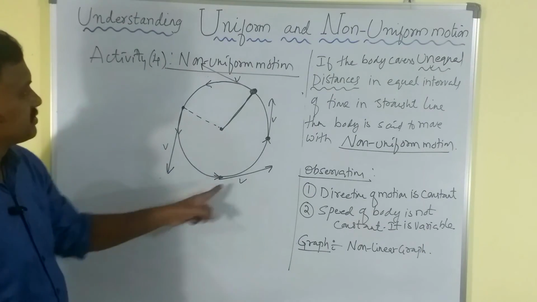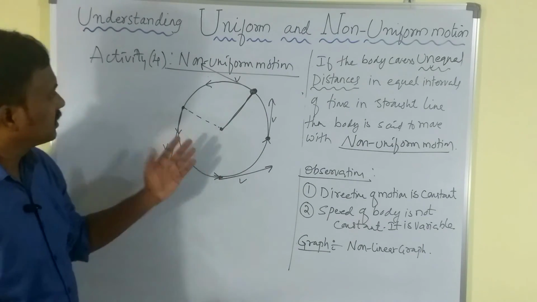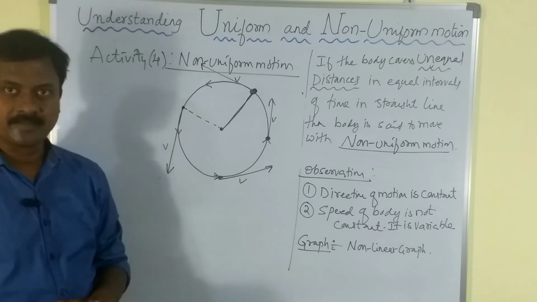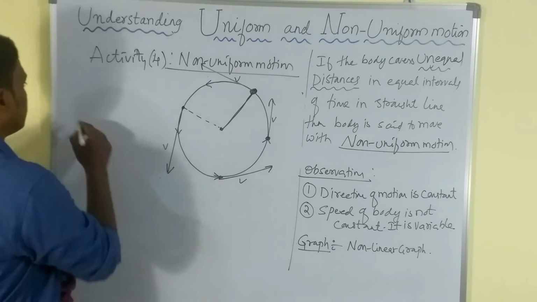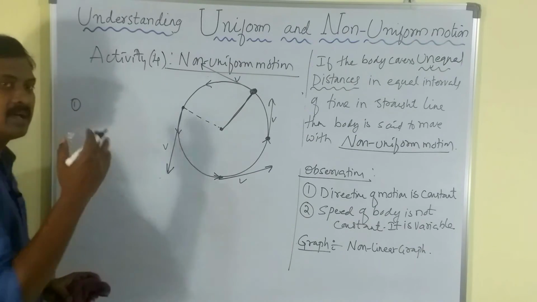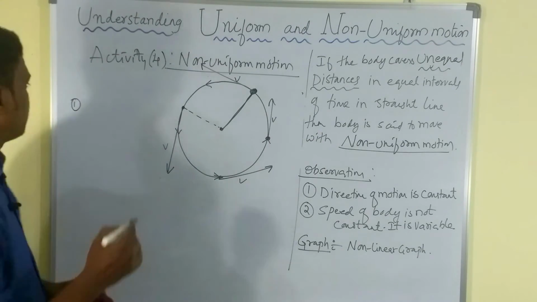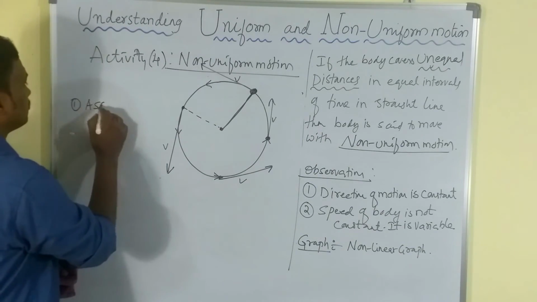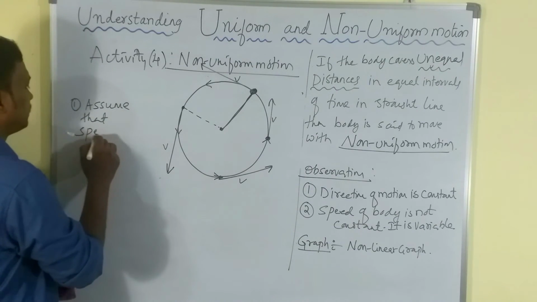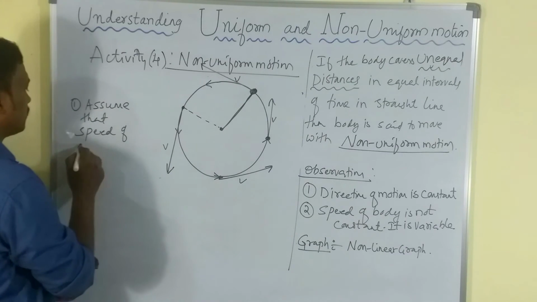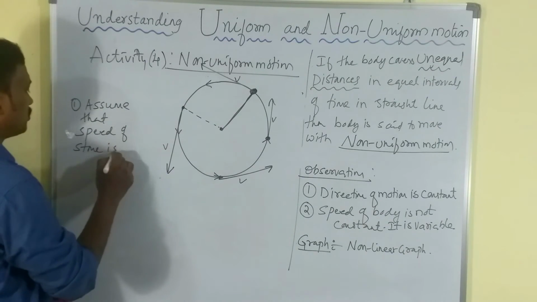So the direction of velocity, very clearly you can see here, is changing, right? And one thing we have to assume is that you rotate the stone in such a manner that the speed of the stone is constant.